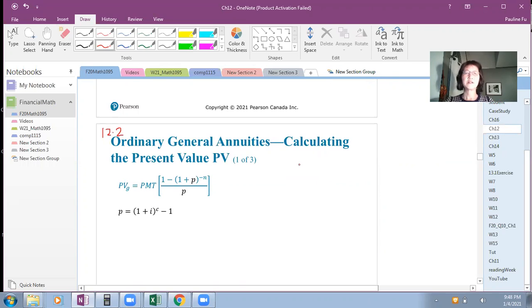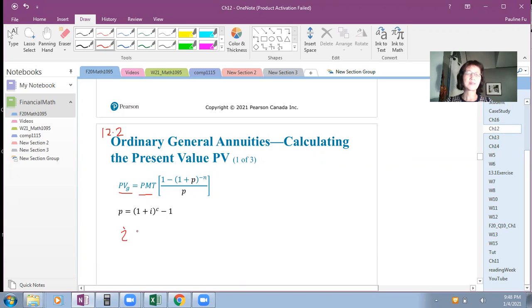All right, so the formula for present value of ordinary general annuities is this one. Present value equal to PMT times 1 minus 1 plus P raised to power negative N, over P. P equal to 1 plus I raised to power C minus 1.